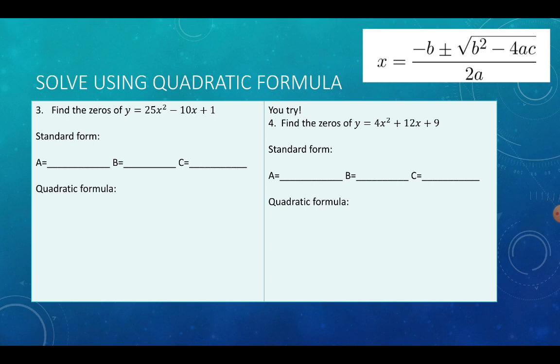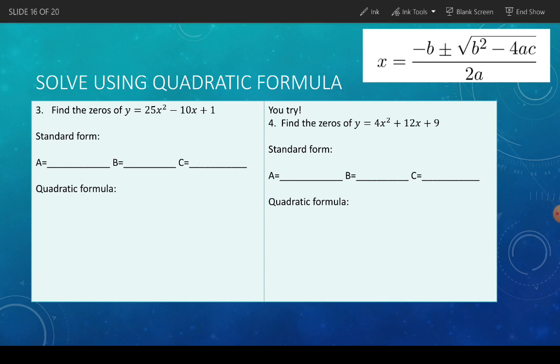Okay, solve using the quadratic formula. We have y equals 25x squared minus 10x plus 1. First step, write our quadratic in standard form. So we'll have 25x squared minus 10x plus 1 equals 0. A is 25, b is negative 10, and c is 1.